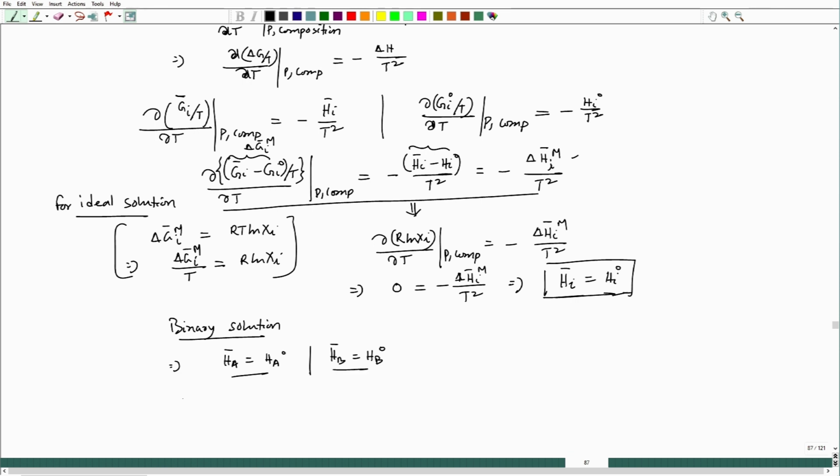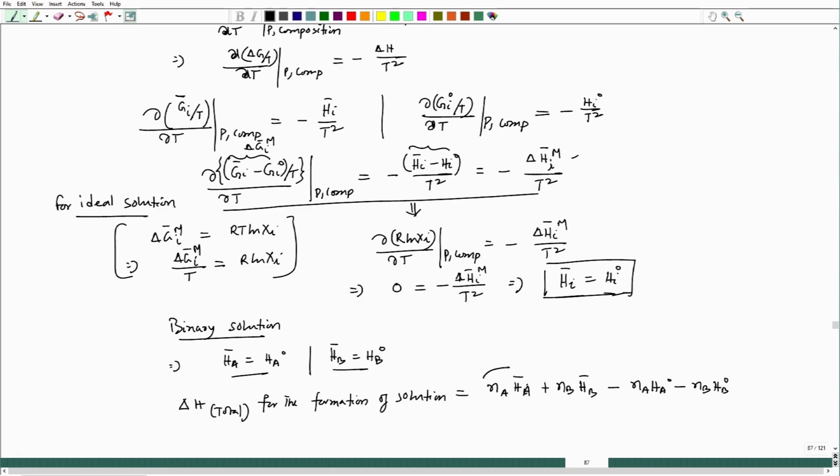So, we can write del H total for the formation of the solution as equal to N A H A bar plus N B H B bar, minus N A H A naught minus N B H B naught.